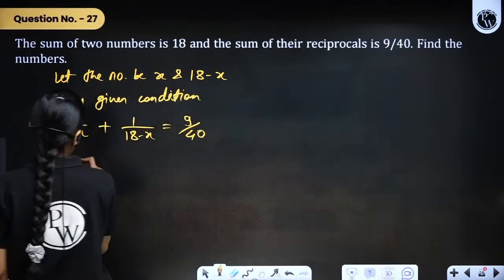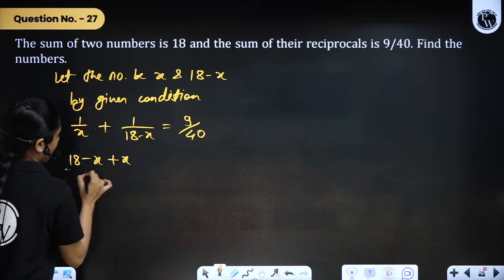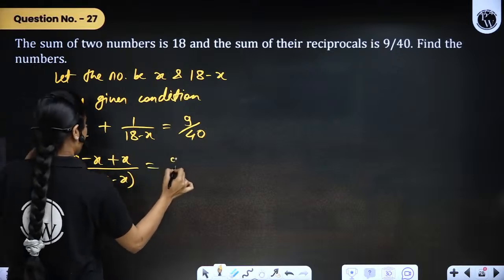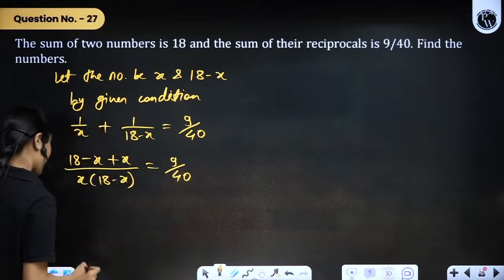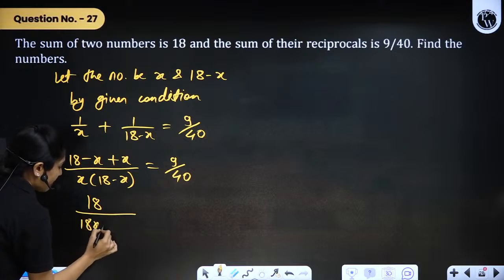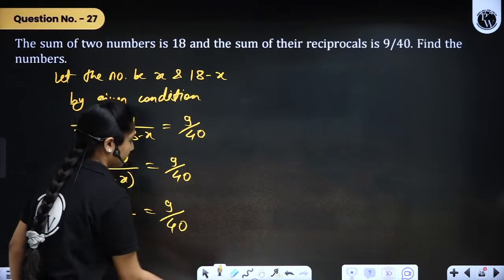So here it is 18 minus x plus x upon x into 18 minus x is equal to 9 by 40. So it's 18 upon 18x minus x square is equal to 9 by 40.